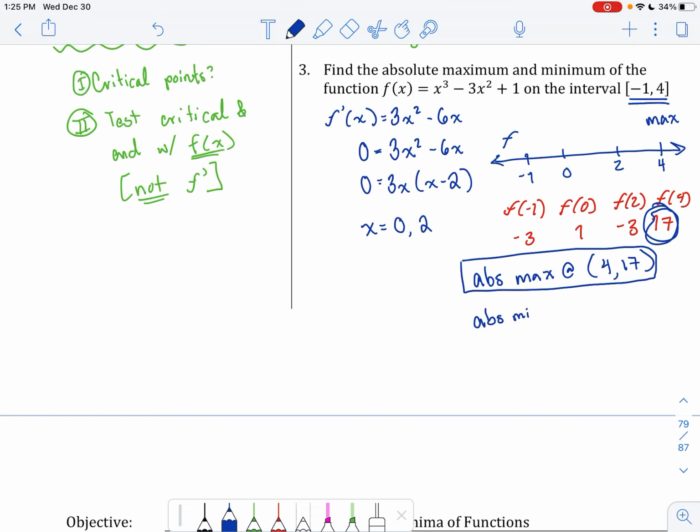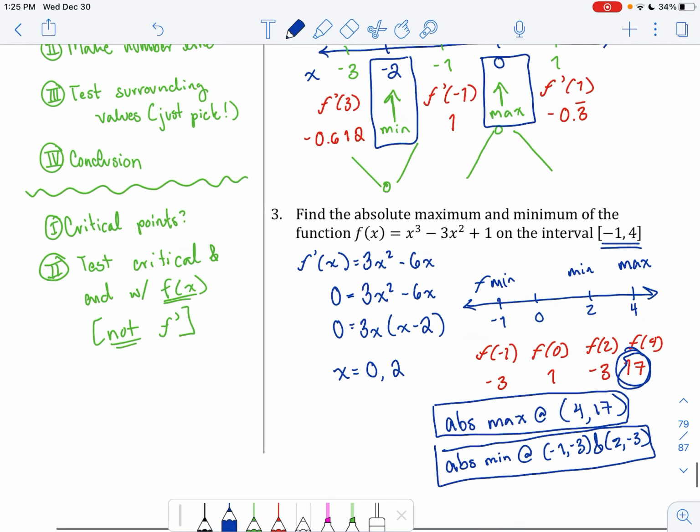And the absolute minimum is in two places because -3 is the smallest, and it appears twice. So at (-1, -3) and (2, -3), and the absolute minimum value of the function is -3 there.